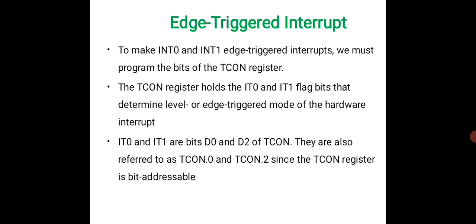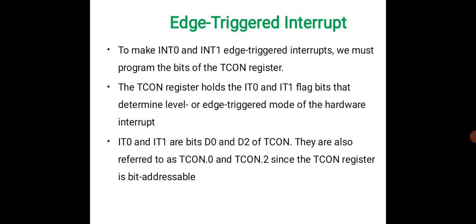The level triggered interrupt is the default mode. To make it edge triggered, we need to program the bits of the TCON register specified for INT0 and INT1, so that it will act as an edge triggered interrupt.